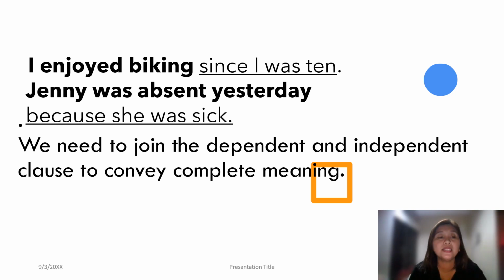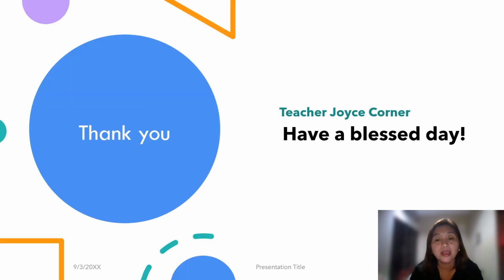Then the second one is Jenny was absent yesterday because she was sick. So we combine the independent clause and the dependent clause so that it will become a complete idea and complete thought. You understand?